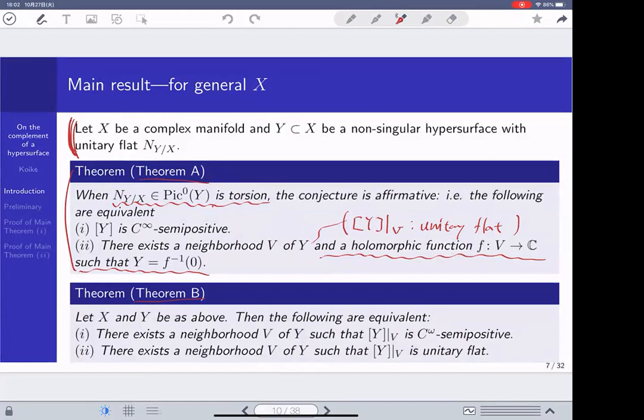So Theorem B can be explained as follows: we could show the conjecture if we replace C infinity with C omega and restrict everything to a neighborhood of Y.